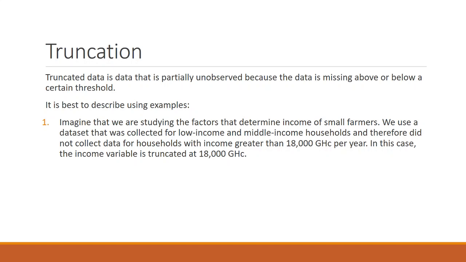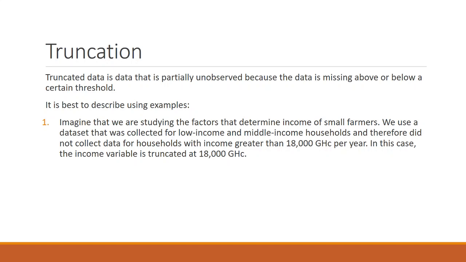Let me use an example here. I'm going to use a slightly different example, but still using income. Imagine that we're studying factors that determine the income of small farmers, and we use a data set that was collected for low income and middle income households. Therefore, we did not collect data for households with income greater, we're working in Ghana again, than 18,000 Ghana cedis per year. So in this case, the income variable is truncated at 18,000.